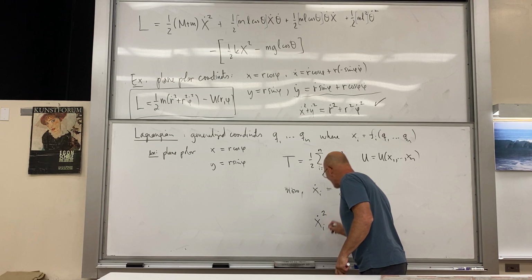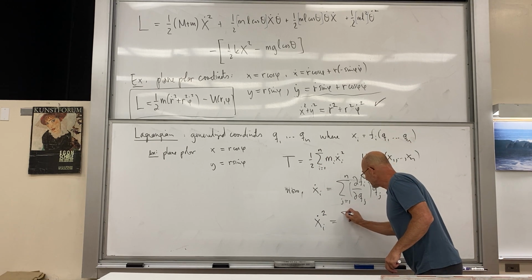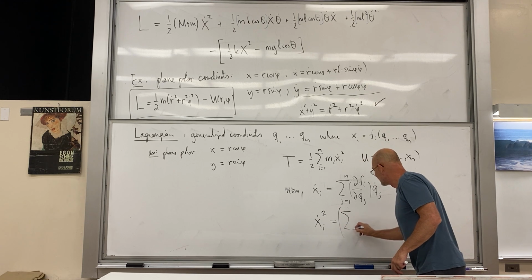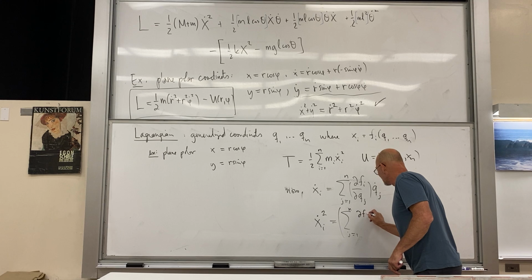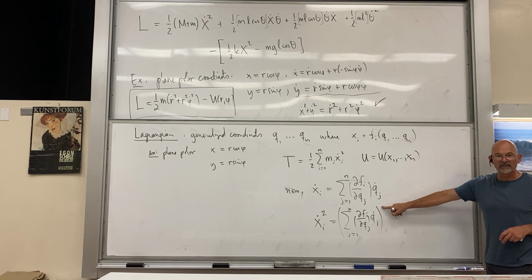If we want to square x sub i dot, and we do, we write this sum out, df sub i dq sub j, q sub j dot. Okay. But we don't just square this now.